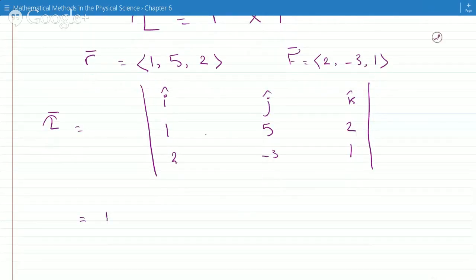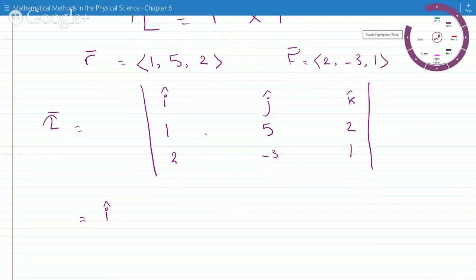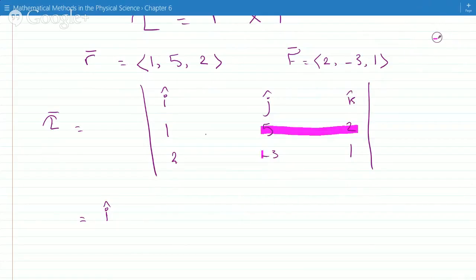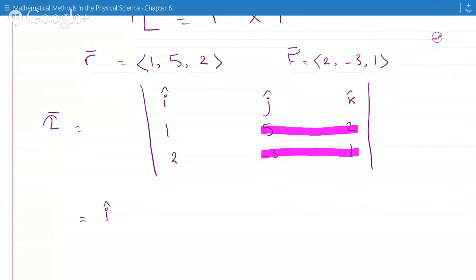So on the first component i, we hide the column and the row that i is in, so we end up with this matrix here. You know you're working in 3 dimensions here, so this is a 3 by 3 matrix for the cross product.